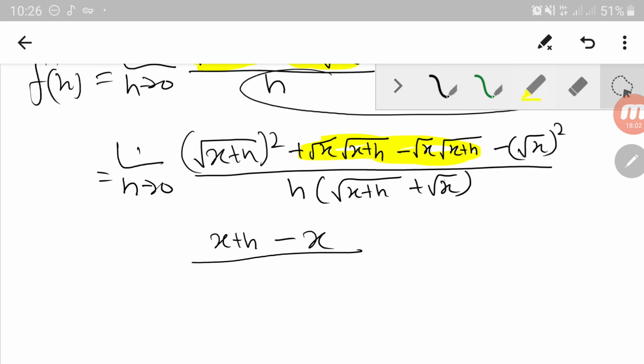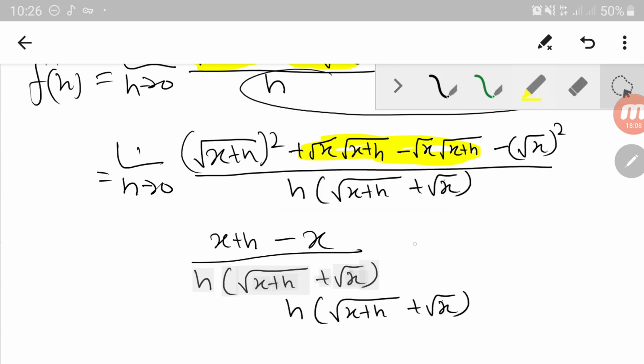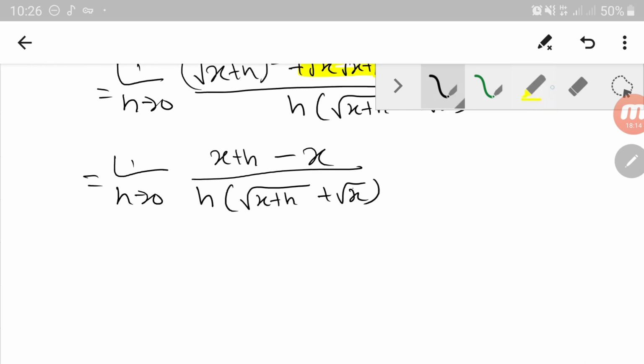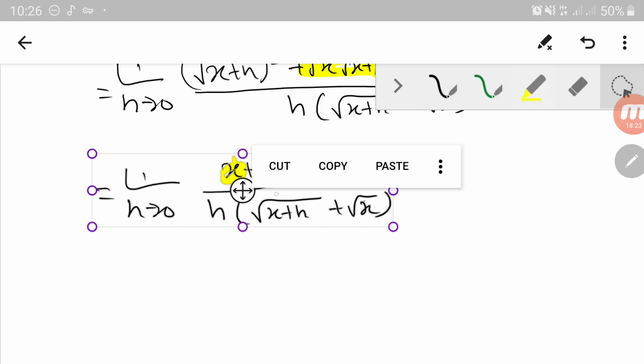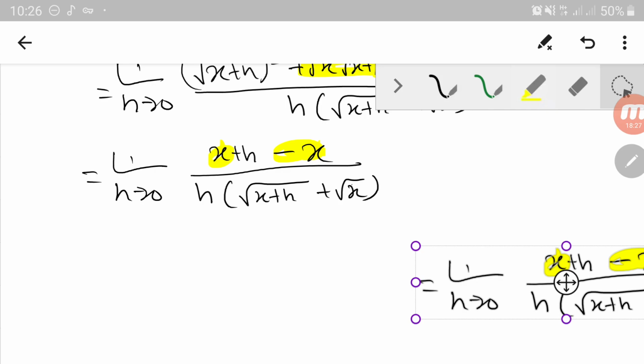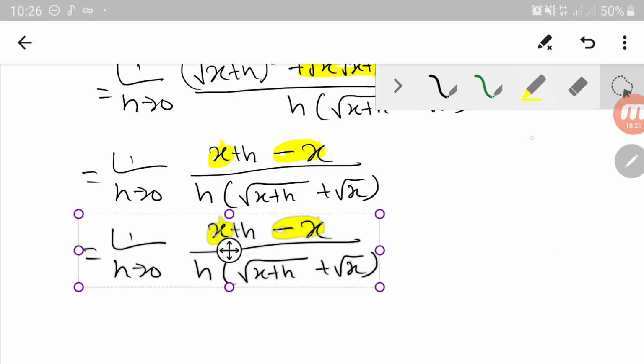Then I copy this part and paste down here. Easy, faster also. Limit h approaching 0. Now you see this x and minus x can be cancelled, so we can get rid of them.